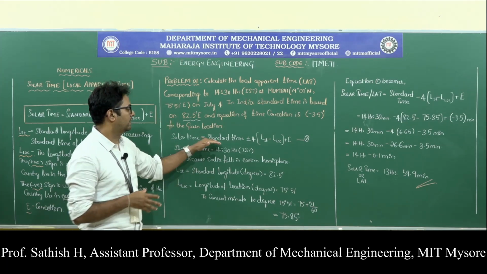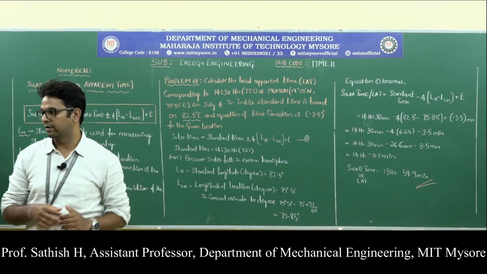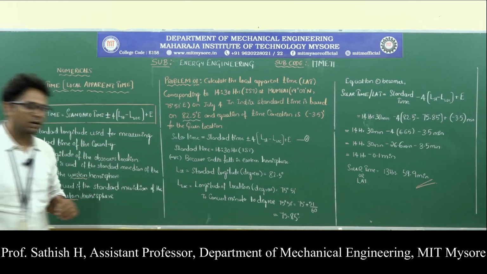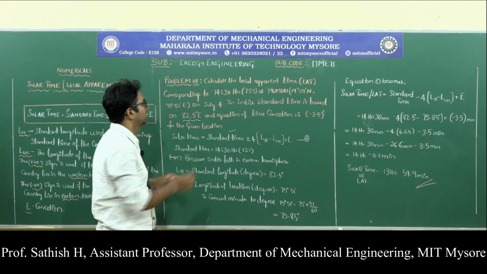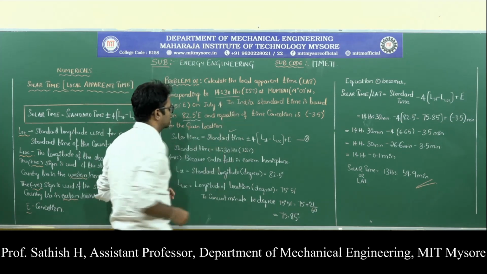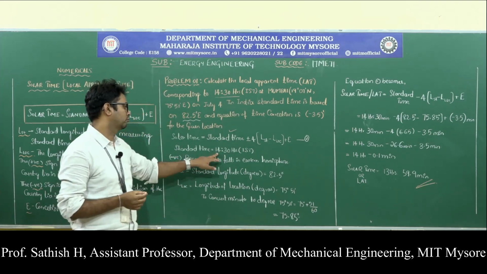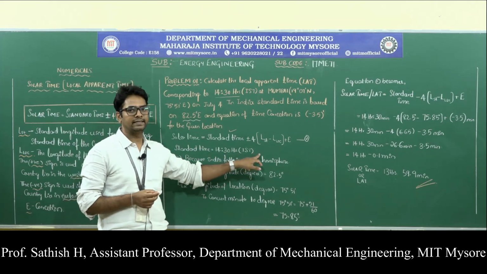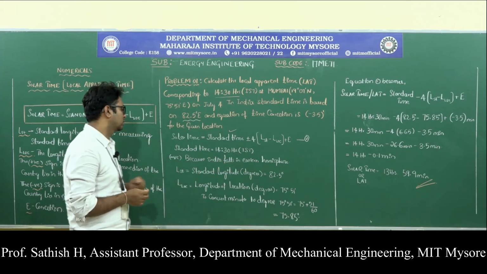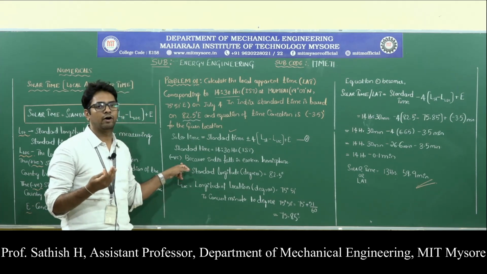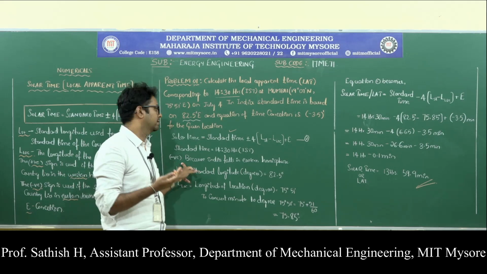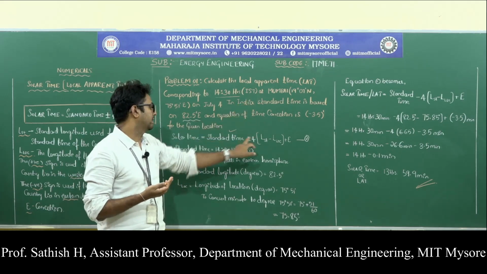So let us discuss one by one what is given in the problem. The standard time is given, which is 14 hours 30 minutes, or 1430 hours, the Indian standard time. As I said, if the country falls in the western hemisphere, then we take it as positive in this formula.